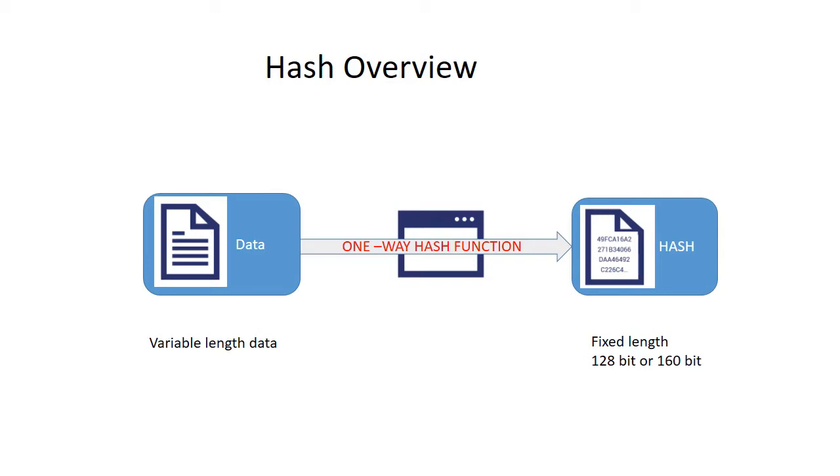Again, this makes it even more irreversible. Another characteristic of a hash function is that it doesn't need any key. We take only the data, apply the hash function, and create the hash.